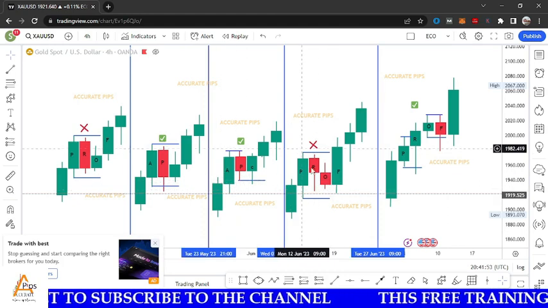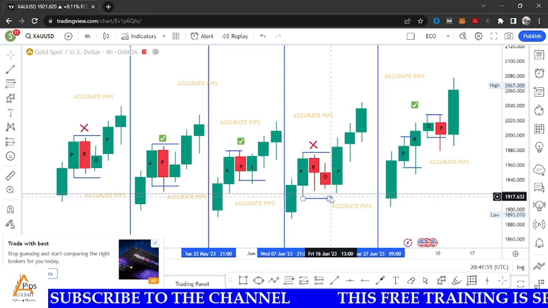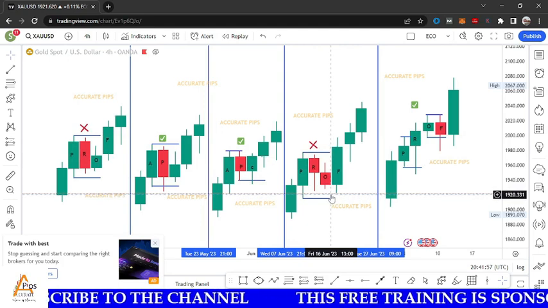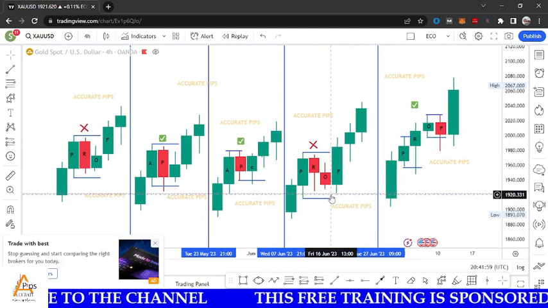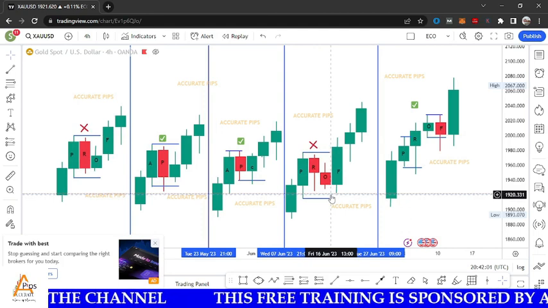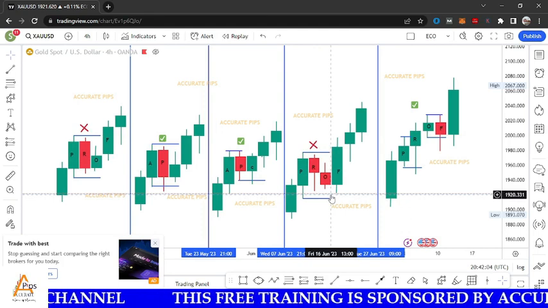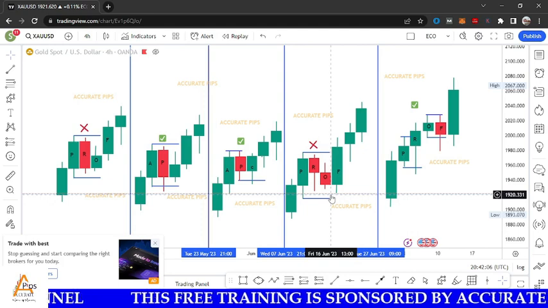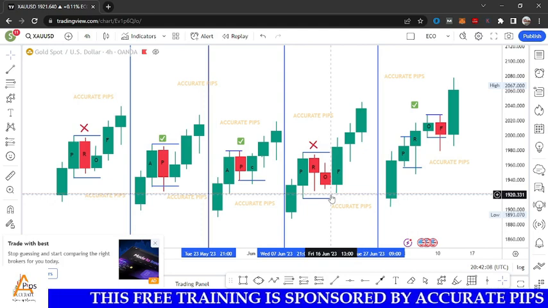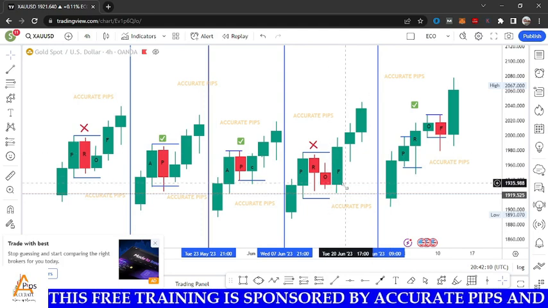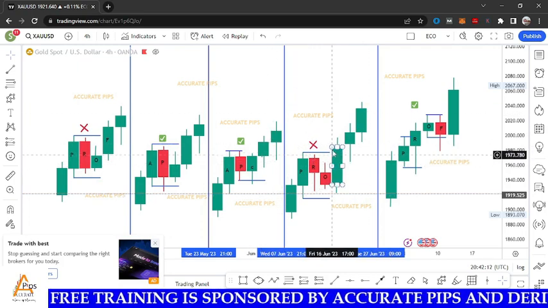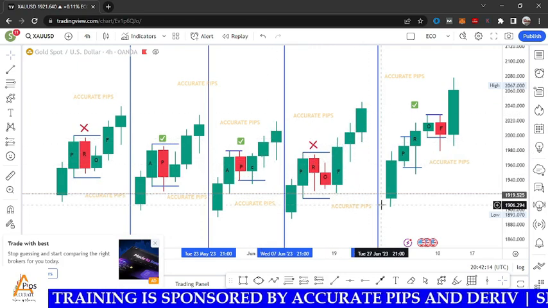Once that doesn't happen, then the pullback is not valid. And this is so important because we are going to use it to do confirmation of highs and lows in the market when we move into the next topic. So this is not a valid pullback.